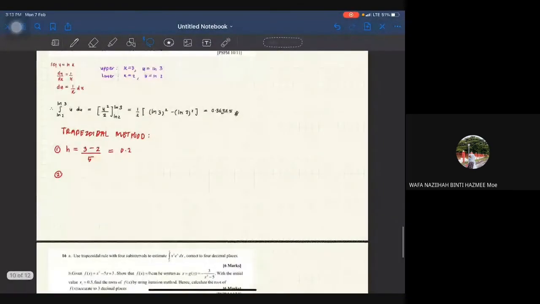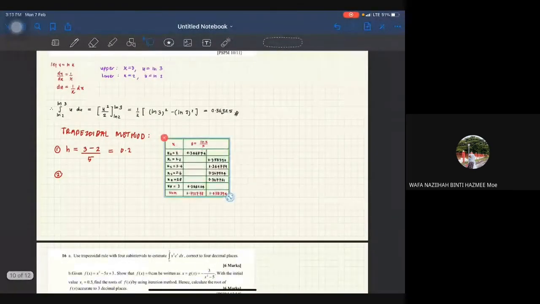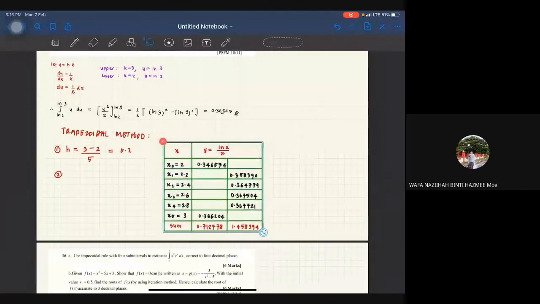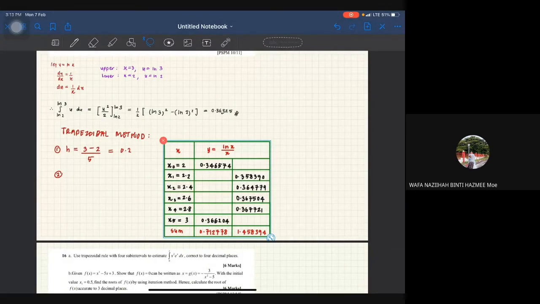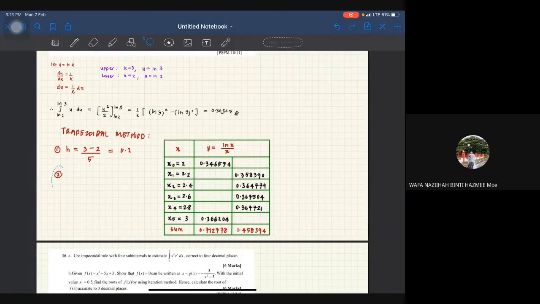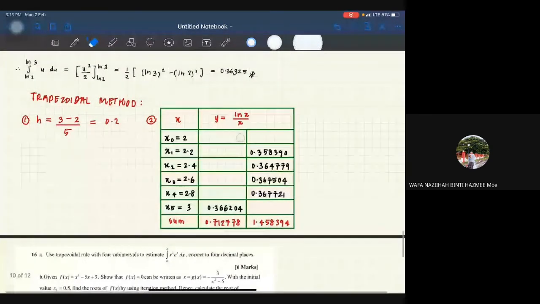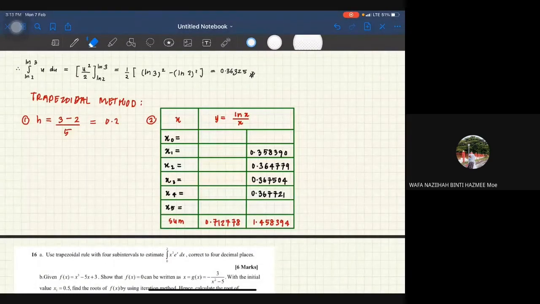Sekejap. Sorry guys. Saya akan skip. Okay, duduk kat sini. Okay. So ini adalah table kita. Okay, so saya padam dulu nilai-nilai ni. Padam. This one.